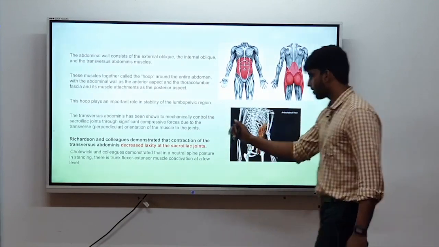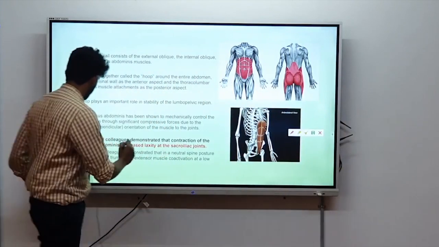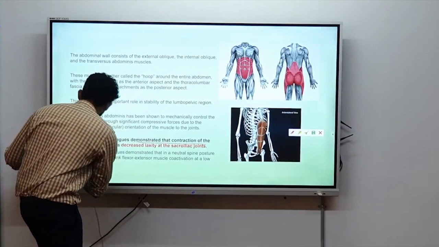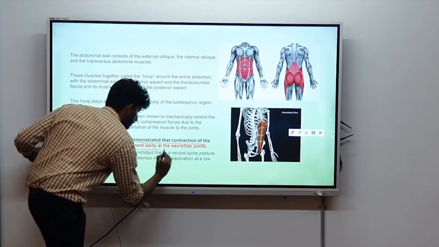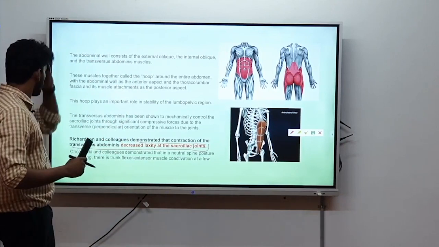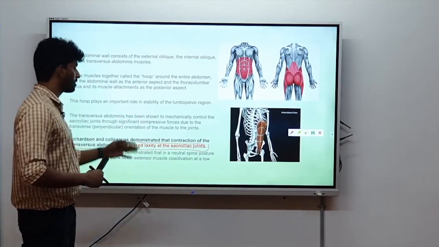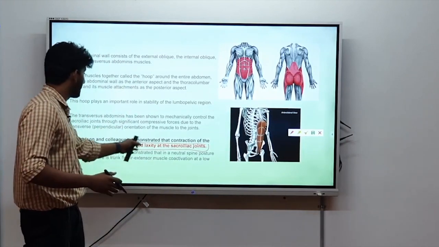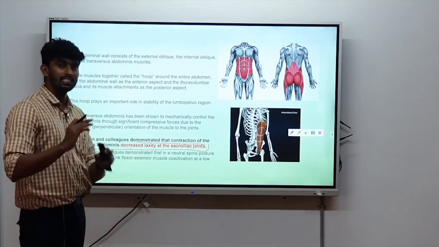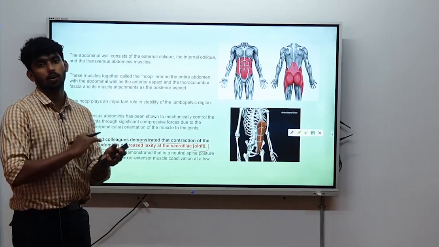So I just want to underline this point. They are telling that when this muscle, the transverse abdominis, is contracting, there will be decreased laxity at the sacroiliac joint. Now just reverse the order.